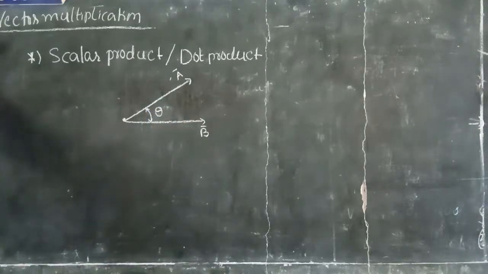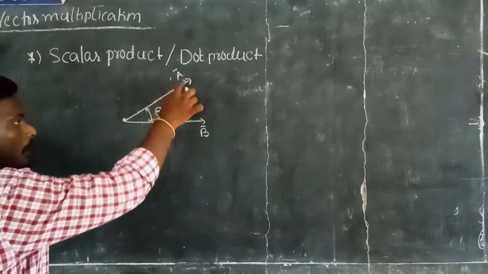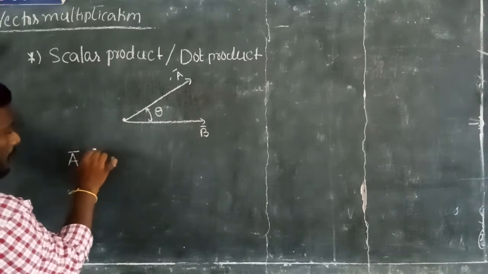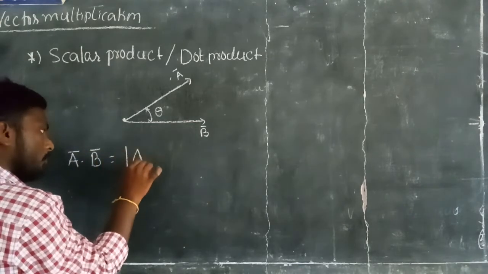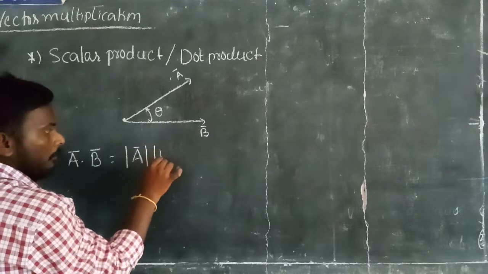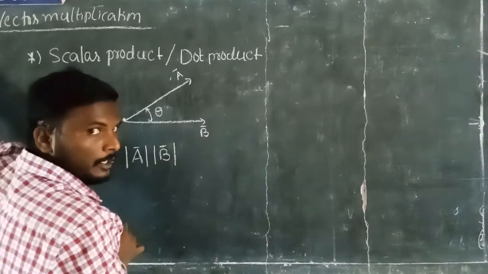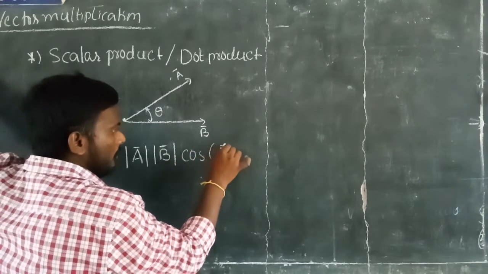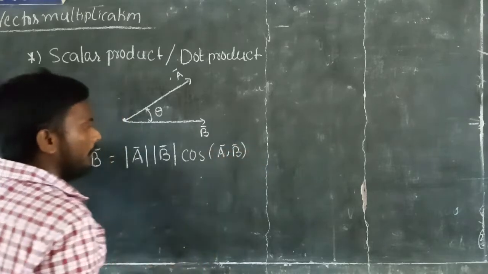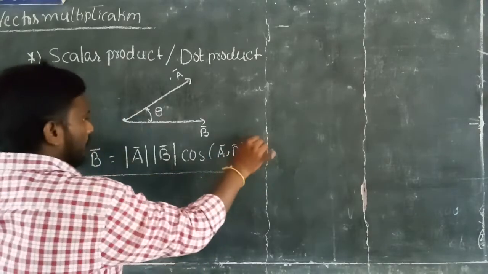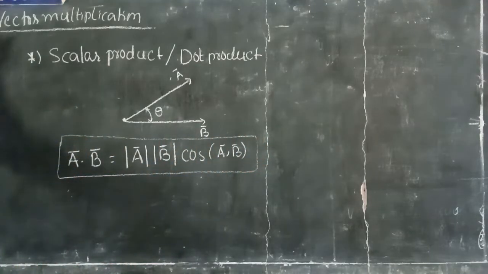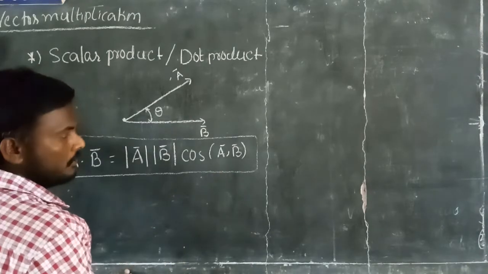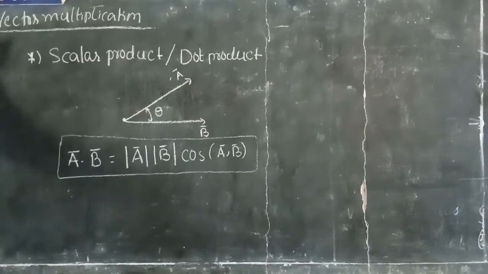The dot product of vectors A bar and B bar is defined as A bar dot B bar equals the magnitude of A bar times the magnitude of B bar times cos of the angle between vector A and vector B. This is the definition of the dot product. The dot product is a scalar quantity. It is not a vector quantity and it doesn't have any direction.